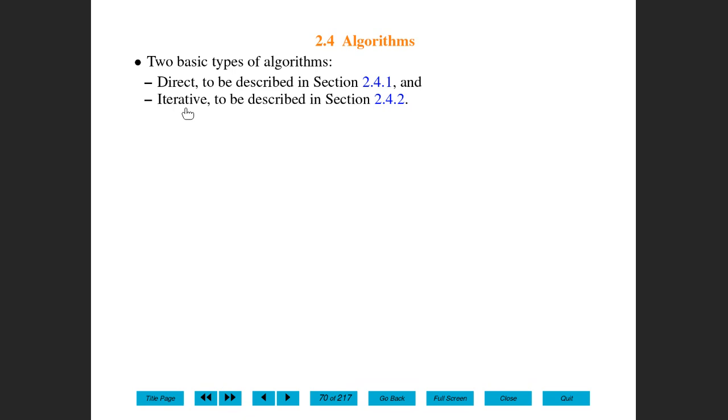Both of these kinds of algorithms could be used to solve a minimization or maximization problem, right? Iterative means we will get to the minimum, but in an iterative fashion. We will get to the minimizer slowly, gradually. We won't be able to get there directly.